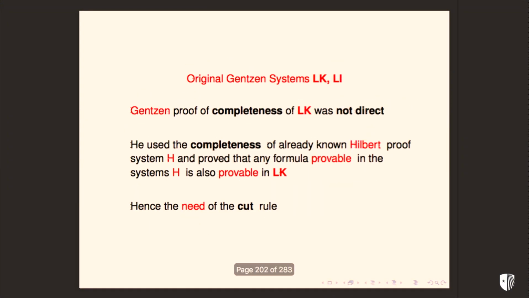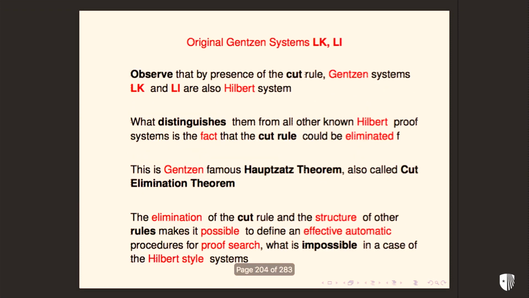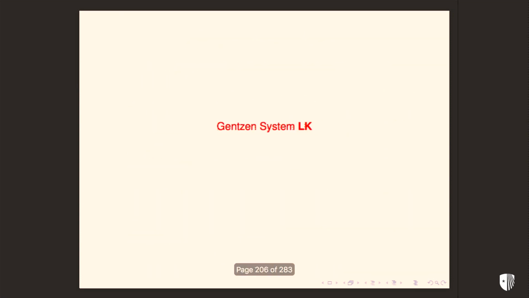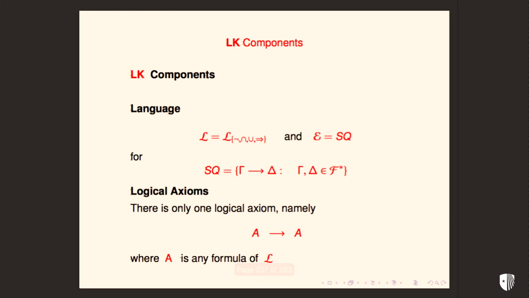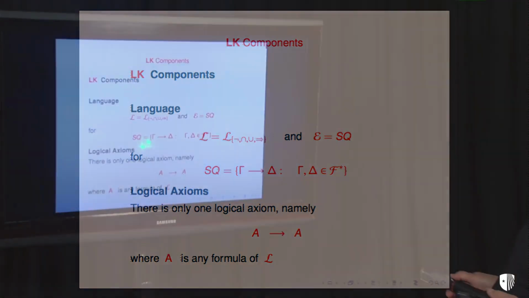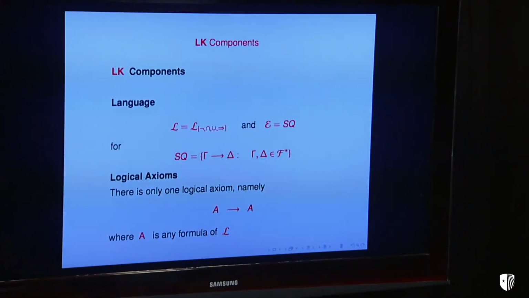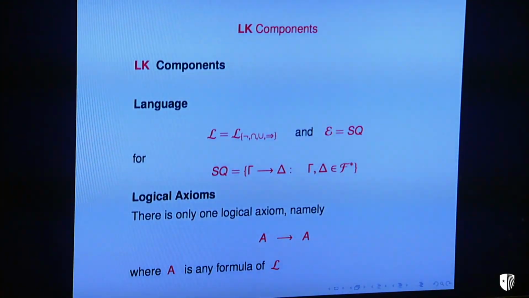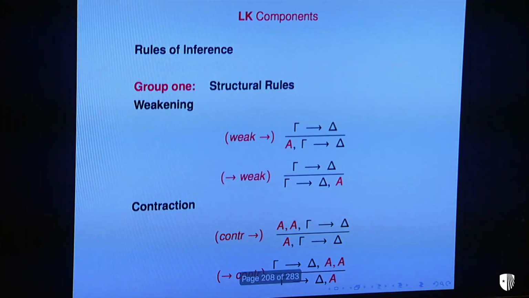a little even more complex. You have sequences. The beginning is exactly the same. Now, the logical axiom is A implies A. So these are sequences of formulas, but the logical axiom is just A implies A: one formula implies one formula.